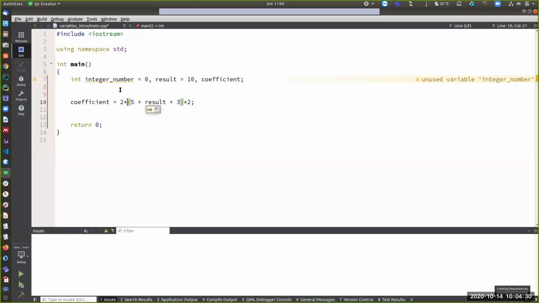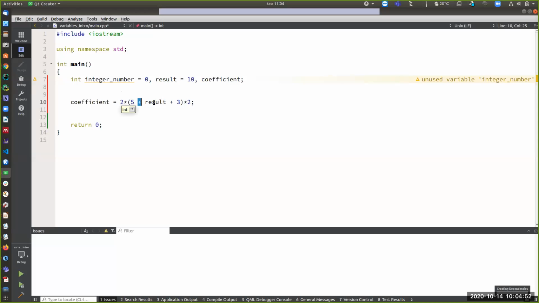The order or priority of the operations is the same as in standard mathematics. So multiplication and division have higher priority than subtraction and summation.